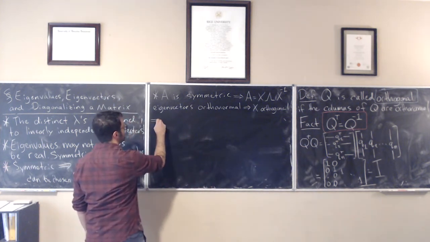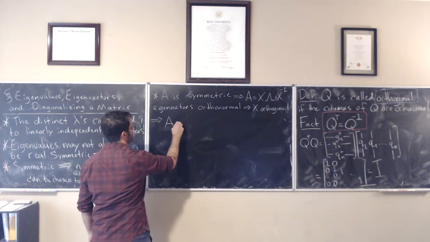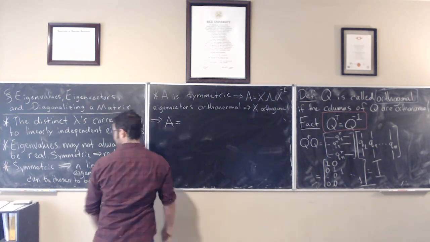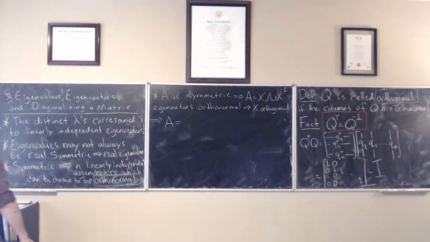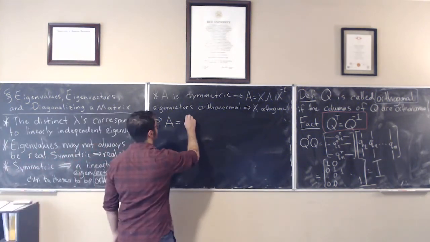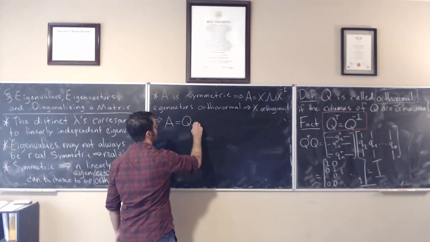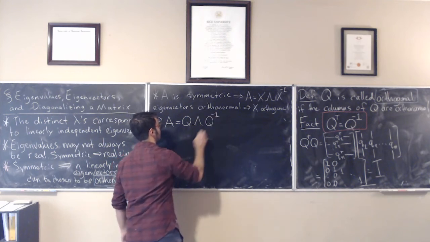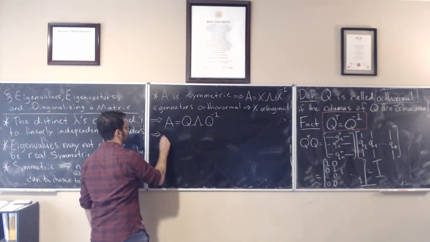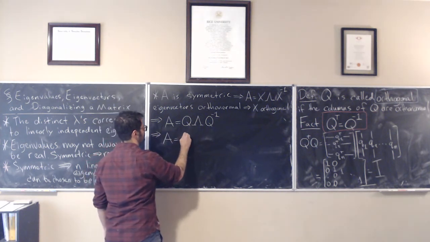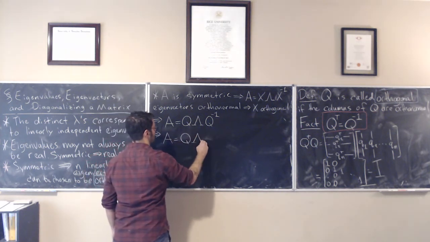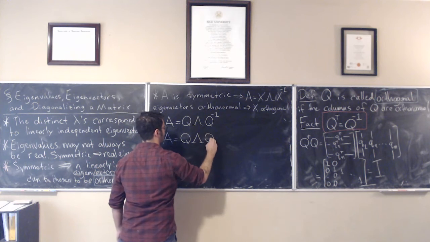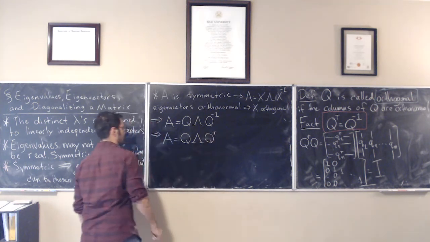Which means that we can write A as, let me use Q's as well, Q lambda Q inverse, which means that A is equal to Q lambda Q transpose.